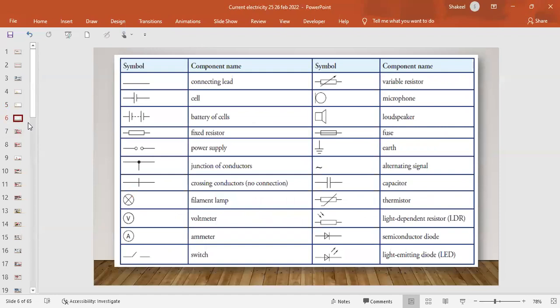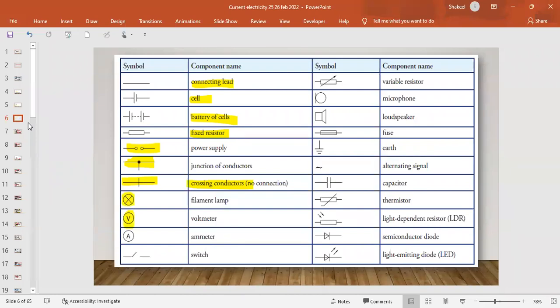First of all, you need to be aware of these symbols. These are very common symbols: connecting lead, cell, battery, fixed resistor, power supply, junction of conductors where wires are connected together, and crossing conductors that are not connected but overpass each other.